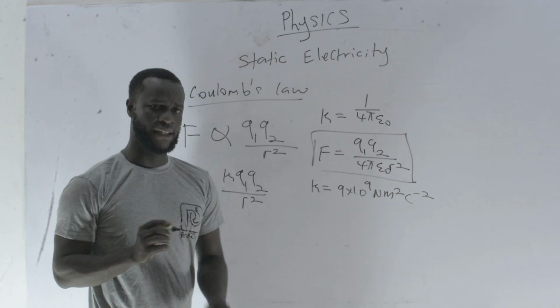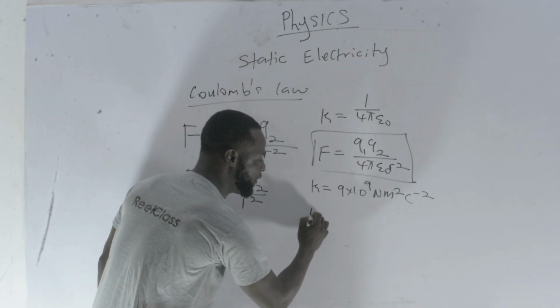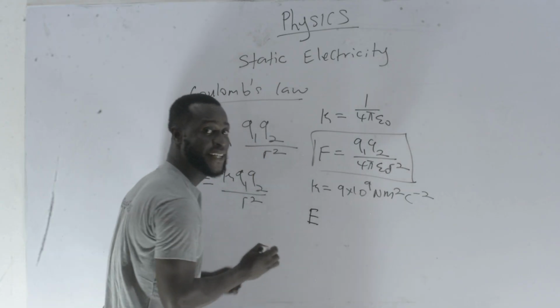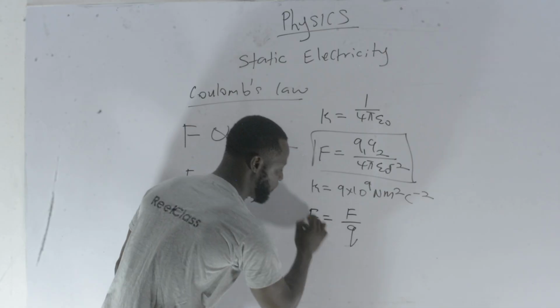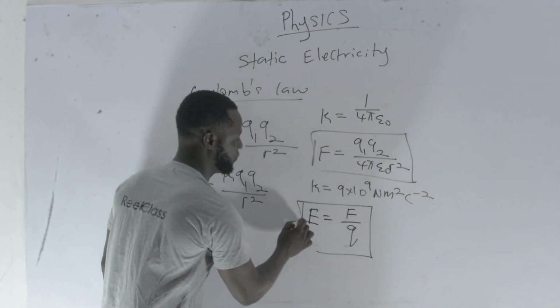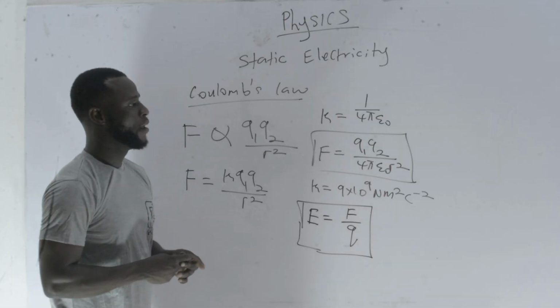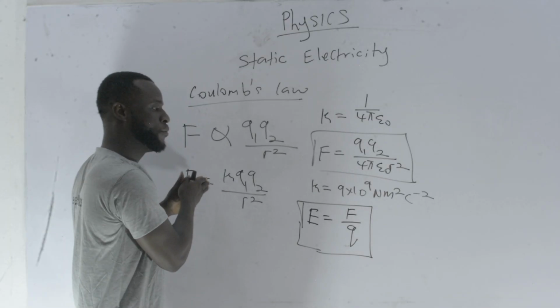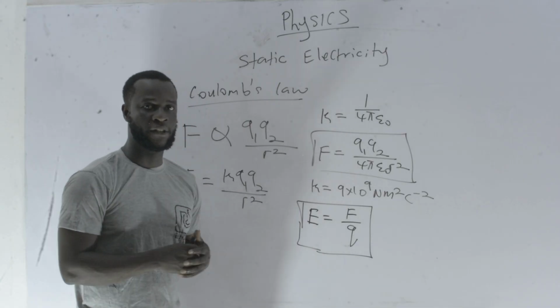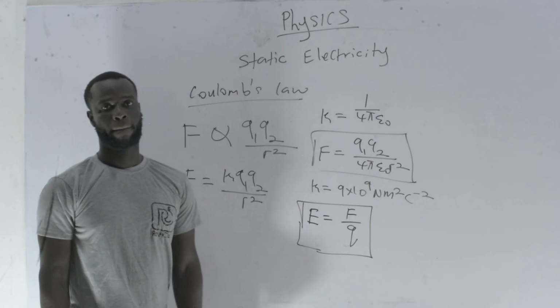So mathematically, I can say that electric field strength or electric field intensity is equals to force divided by charge. Now, we are going to take questions from Coulomb's law down to electric field intensity.